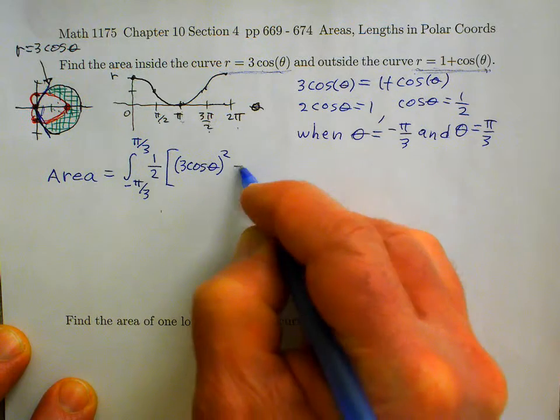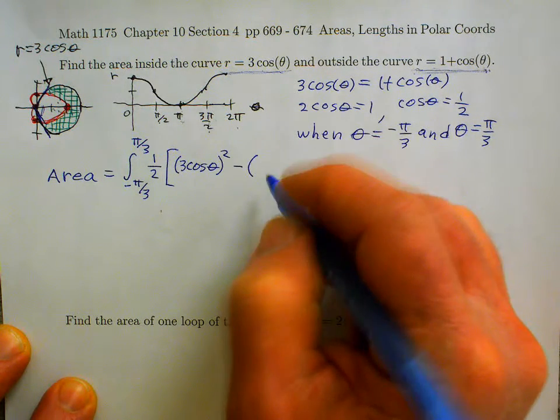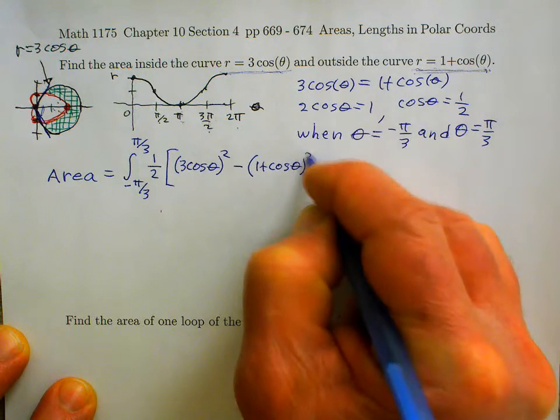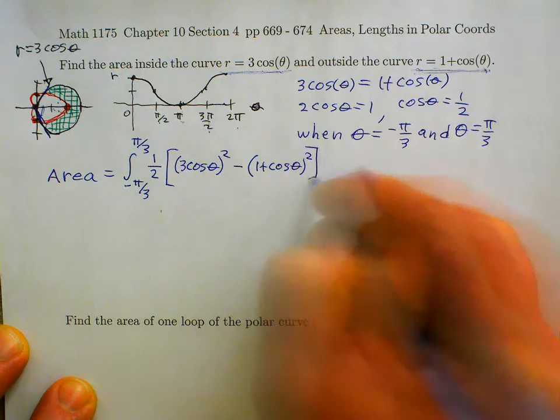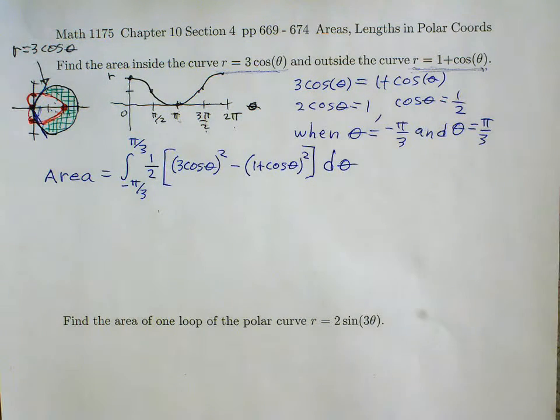And from it, we're going to subtract the square of 1 plus cosine of theta. Okay, so that's the basic setup for that one.